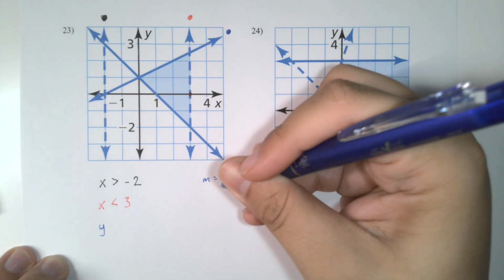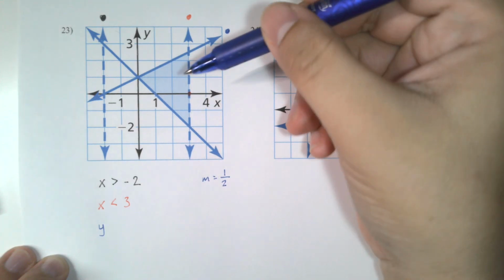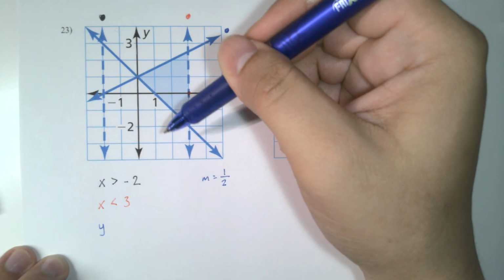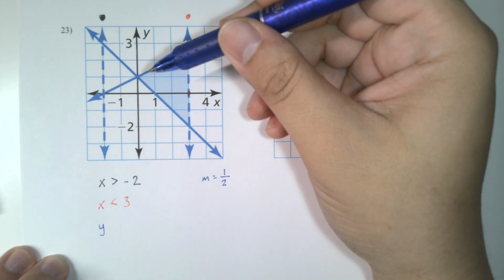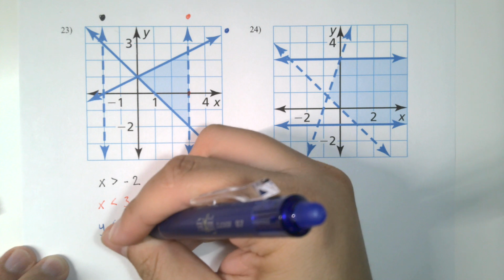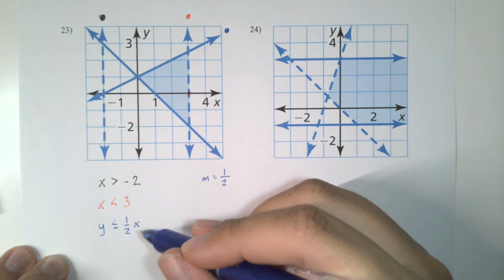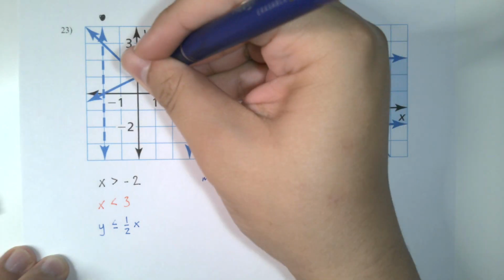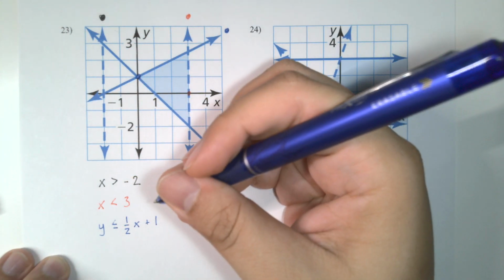If we're going up 1, but we have to go to the right 2, that means that our slope is 1/2. And it is shading below that line, and it is a solid line. So it's going to be less than or equal to our slope of 1/2, stick the x on the end of that, and then whatever the y-intercept is, which is just 1, so plus 1.